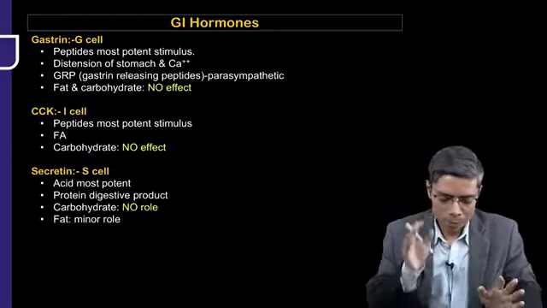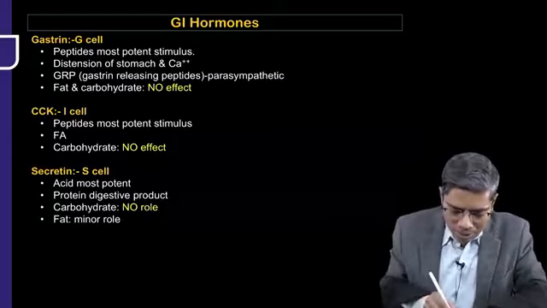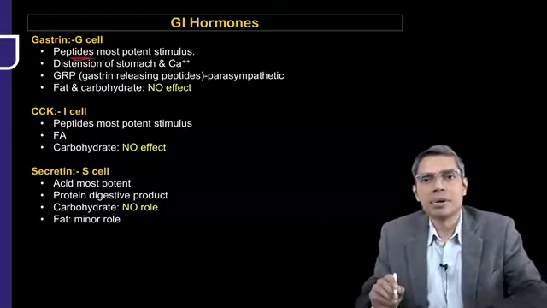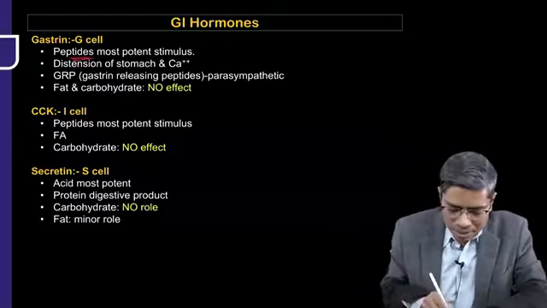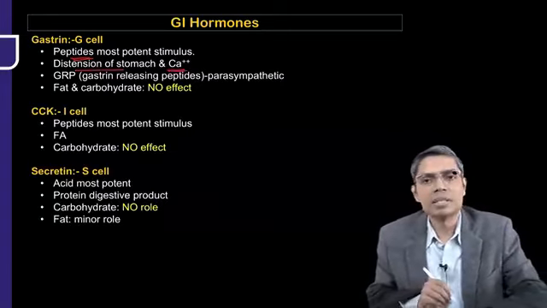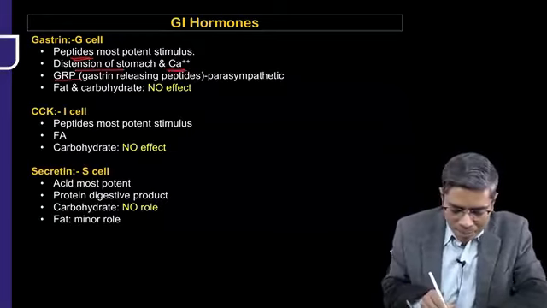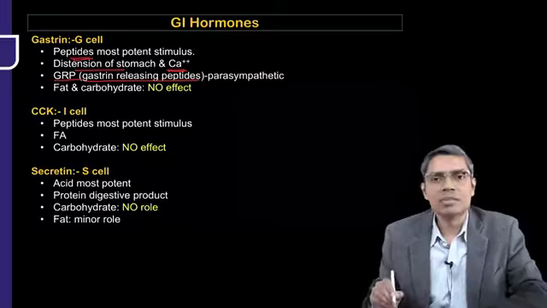Must know. Okay, so please note down that for gastrin, the most potent stimulus is peptide. Very, very important. Apart from that, distension of the stomach is also a stimulus. Calcium ion, if it is present in your food, is also a stimulus for gastrin. GRP, gastrin releasing peptide, is also a stimulus.